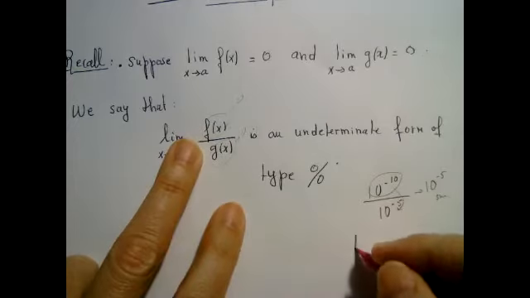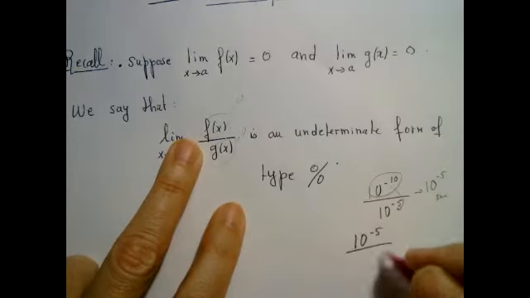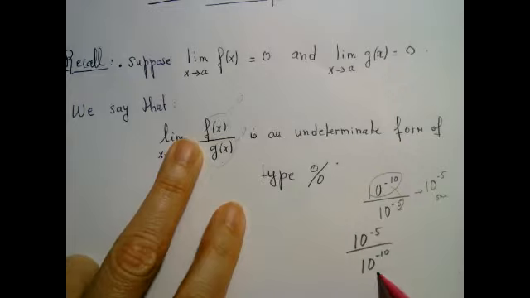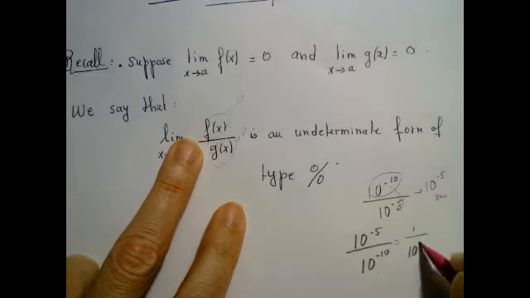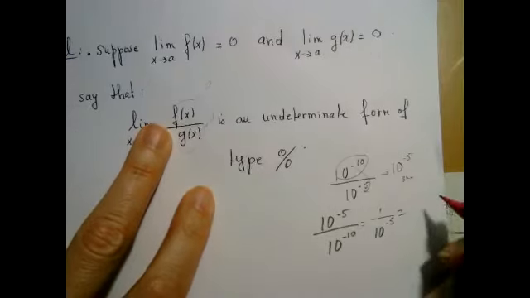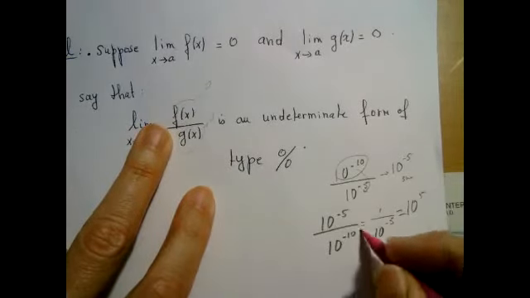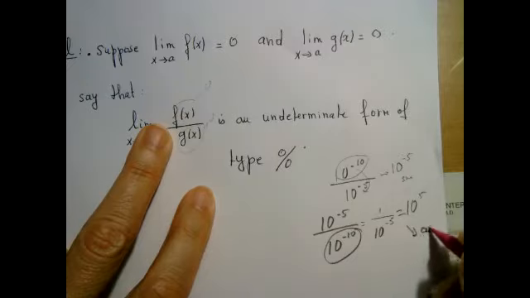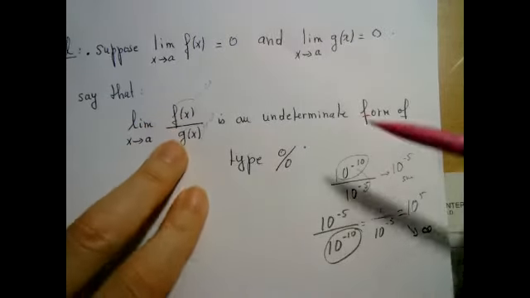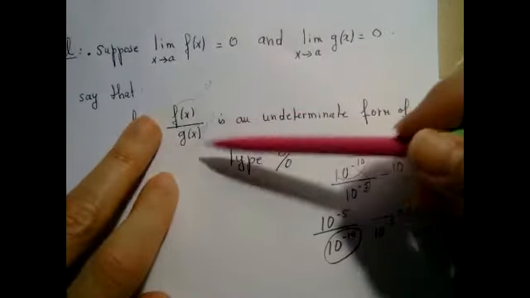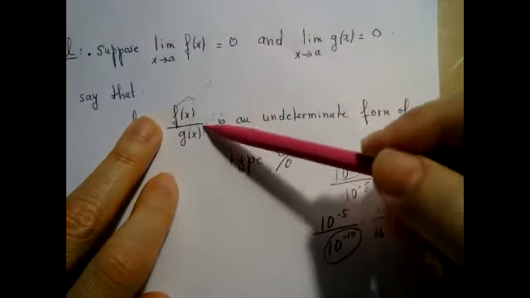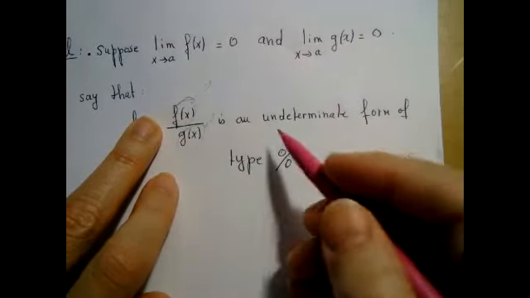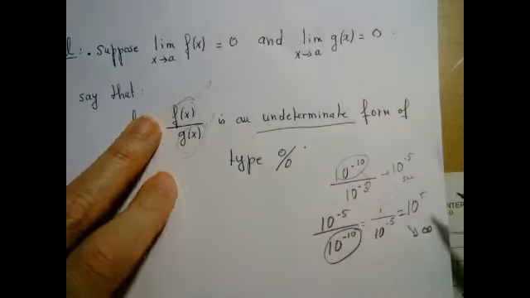If I flip those around, the denominator becomes way, way smaller than the numerator. So this will become 1 over 10 to the minus 5. It means 10 to the power 5. The denominator is way, way smaller. It's going to drag the whole thing to infinity. So indeterminate because we really don't know what's going to happen. It depends how small the numerator and how small the denominator. That's why the word indeterminate comes from.